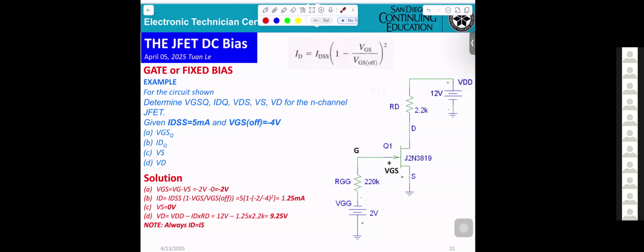That tells you VGS equals minus 2 volts. And then you use the formula ID equals IDSS times (1 minus VGS over VGS off) squared.